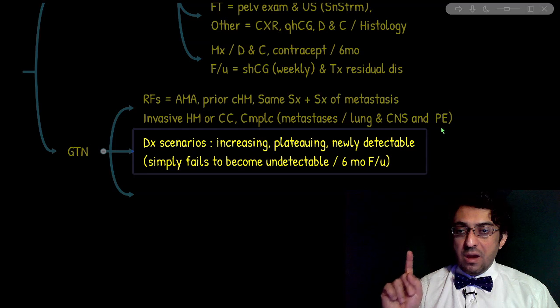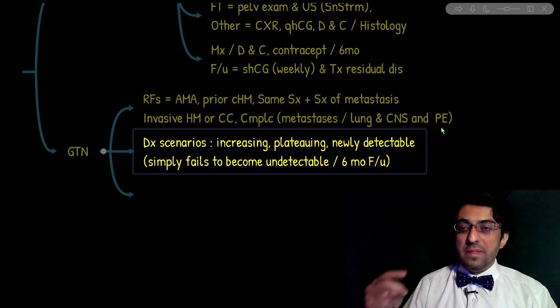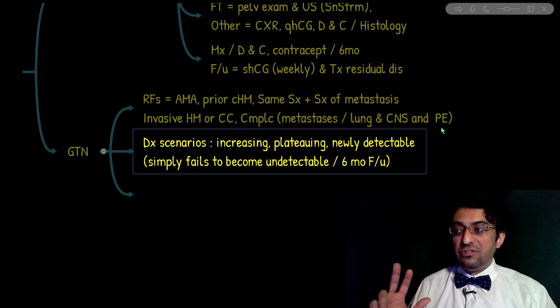So again, here the number is 8 weekly follow-ups. Or they become undetectable, but then in the second round of follow-up, which is 6 months with monthly follow-up, they become positive, even though they get undetectable initially.